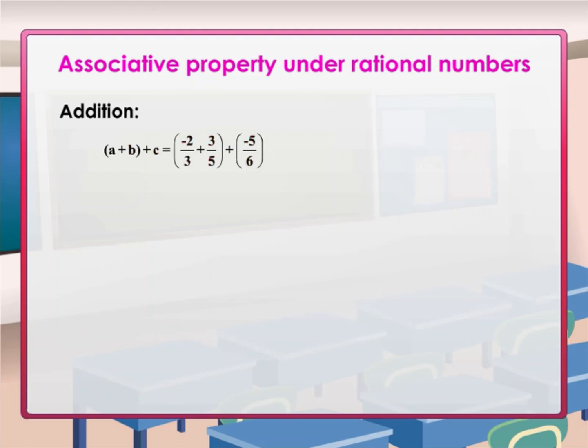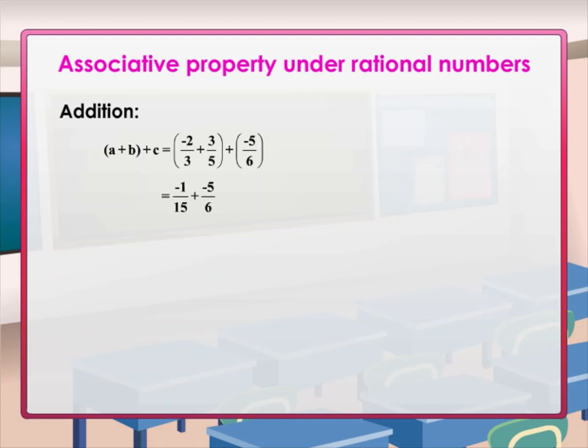First add the numbers inside the brackets as you studied in your earlier class. Before adding this, convert the rational numbers with different denominators to equivalent rational numbers, and then proceed with addition as shown over here. When you simplify this, you get -1 by 15. Now we add this with -5 by 6.